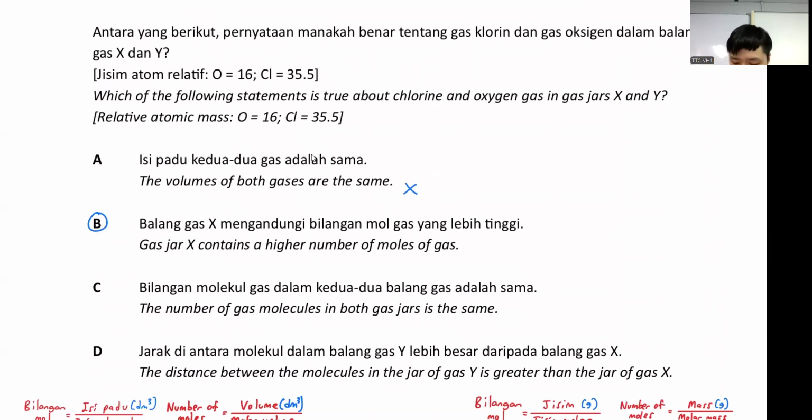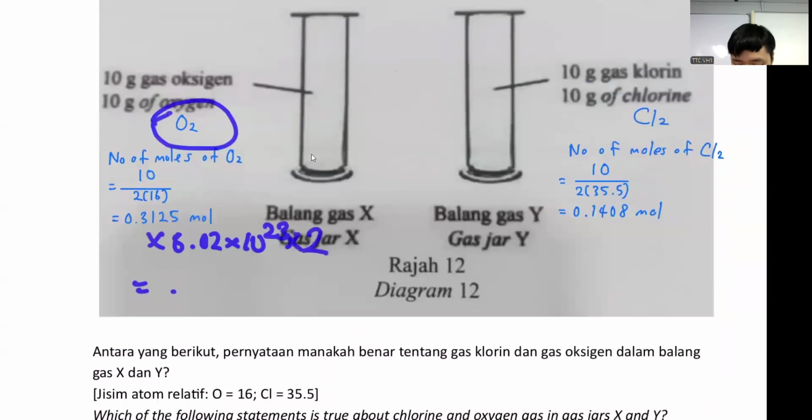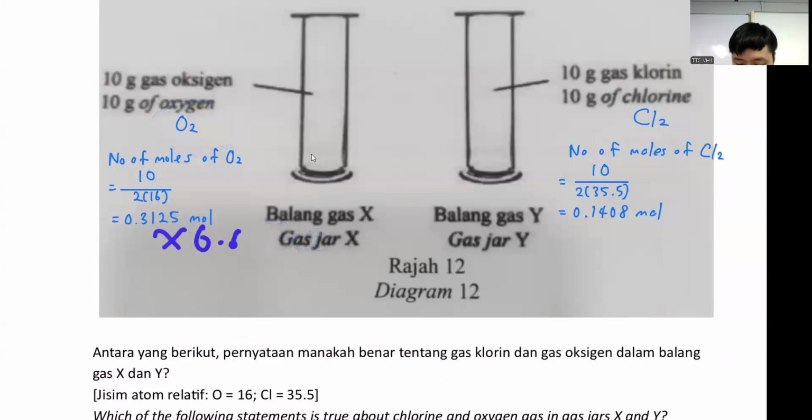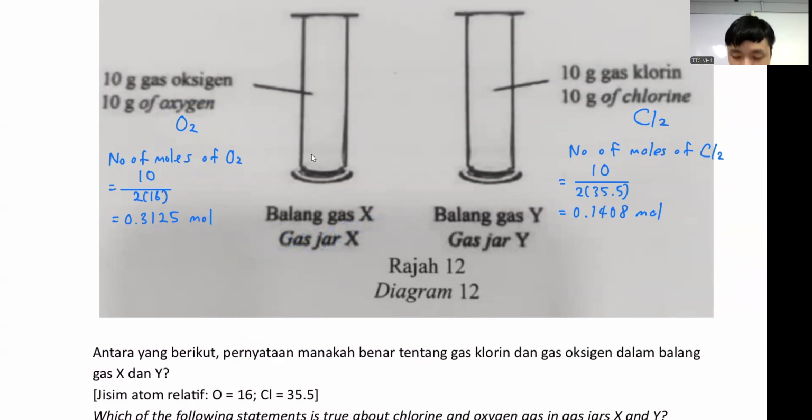Number of gas molecule in both gas jars same. No, cannot, because if I times 6.02 times 10 to the power 23 for the molecule, of course you get different value, because at the beginning, mole already different.